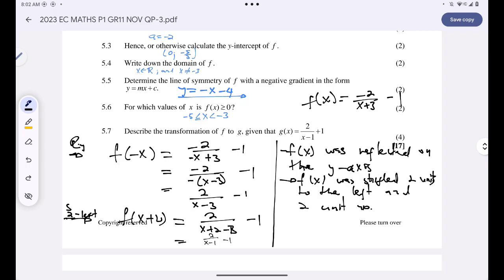So these are the things that happened, guys, for us to move from this graph to this one. For us to get to g, the first thing you need to do, you must reflect your graph on the y-axis and then shift your graph 2 units to the left and 2 units up. So these are the things that happened on question 5.7.